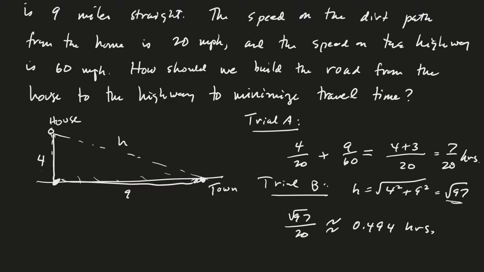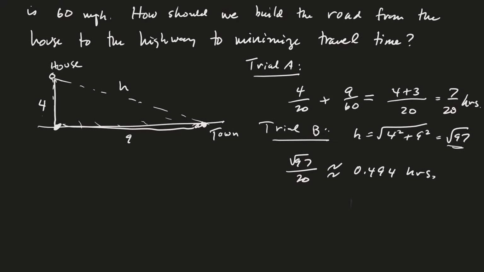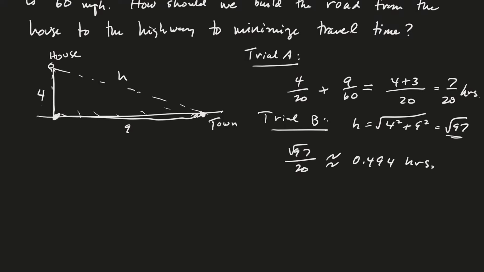Now we may not want one of the extremes. We want to go this way first and then travel this way for the rest. So let's make this x right here, and so this will be 9 minus x then.